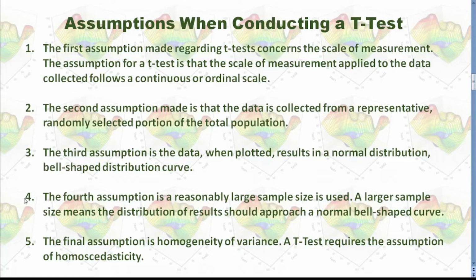The third and the fourth assumptions are related to the distribution of the data. The third assumption is asking the data should follow a normal distribution. And the fourth assumption is asking the sample size should be large, because a larger sample size means the distribution of the results should approach a normal bell-shaped curve.